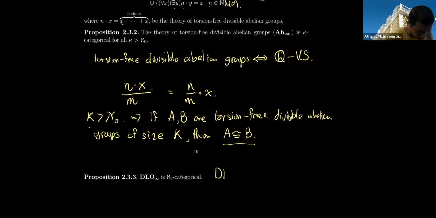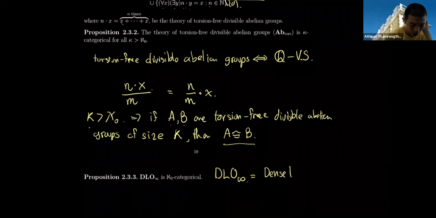Here we have DLO infinity, which is the theory of dense linear order without endpoint. So what does without endpoint mean?